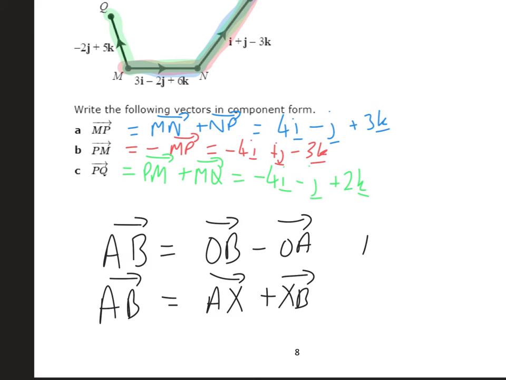The first one comes from going A to the origin plus the origin to B, and A to O is just minus O to A. So that's how you get from that one to that one. So to get from P to Q, for example, that's why I can go from P to M, then M to Q, as long as the middle two letters match.